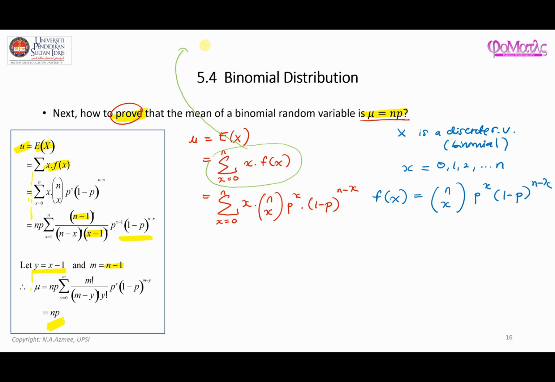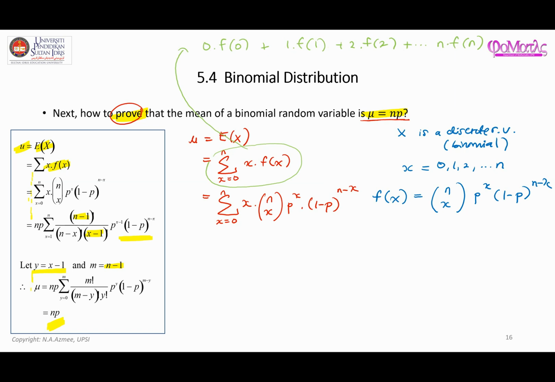For example, you can start with x equals 0, multiply with f(0), plus x is 1 with the probability value for x equals 1, 2 with f(2), and it goes on until n and f(n).